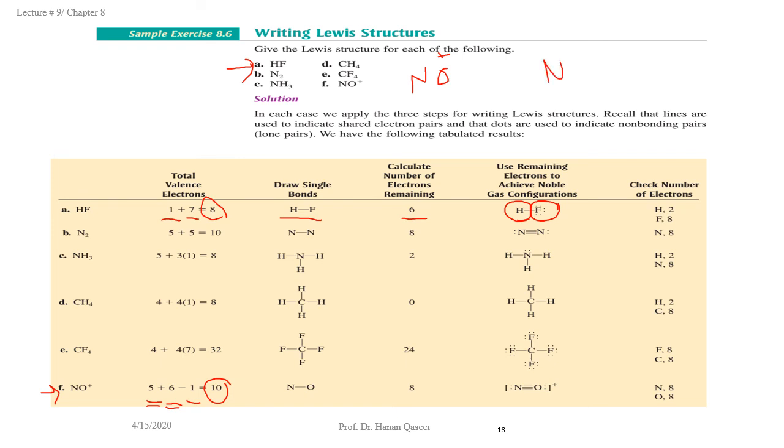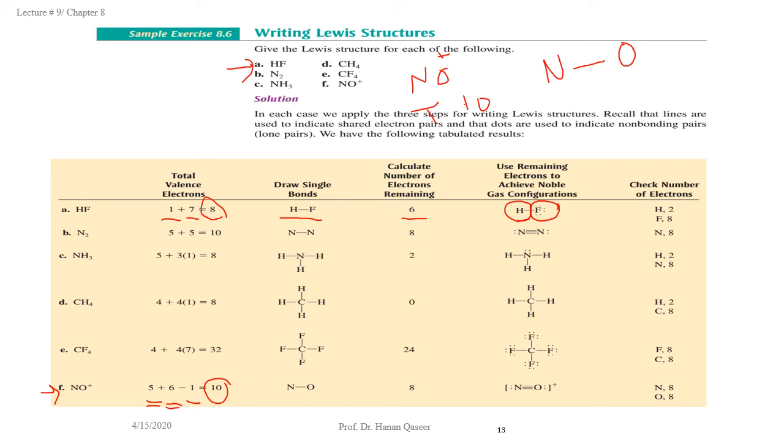So we make one single bond, 2 electrons, 10 minus 2, 8. So we can write 6 electrons around oxygen to be octet, and we have 2 electrons remaining.